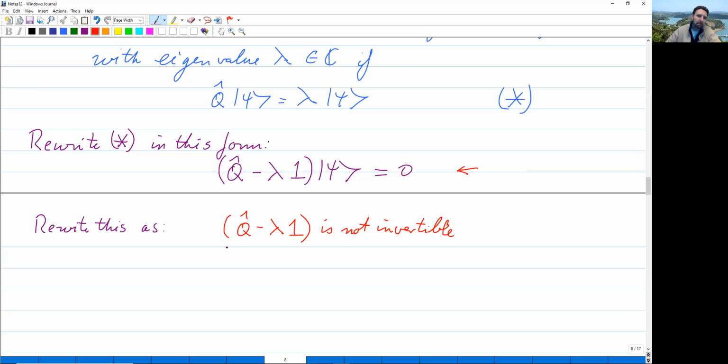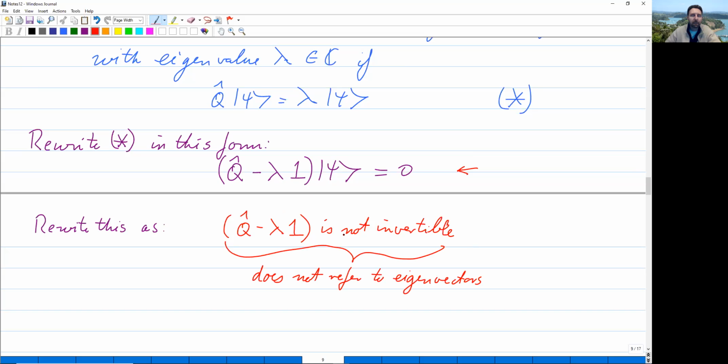But the amazing thing here is that this statement does not refer to eigenvectors. This is a statement only about eigenvalues. Only lambda occurs in here. We got rid of the psi.